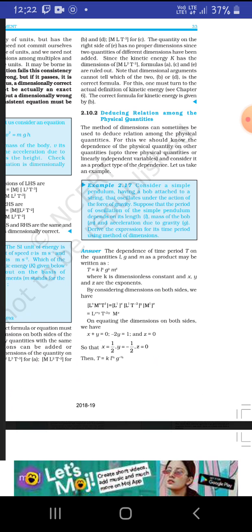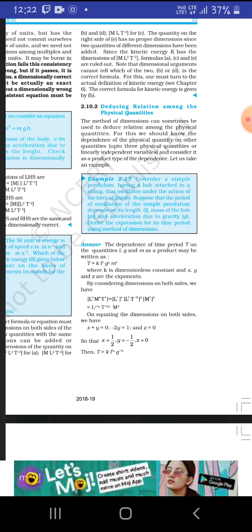And here they have given: consider a pendulum having a bob attached to a string, under the action of the force of gravity. Suppose that the period of oscillation of a simple pendulum depends on length, gravity, and mass.